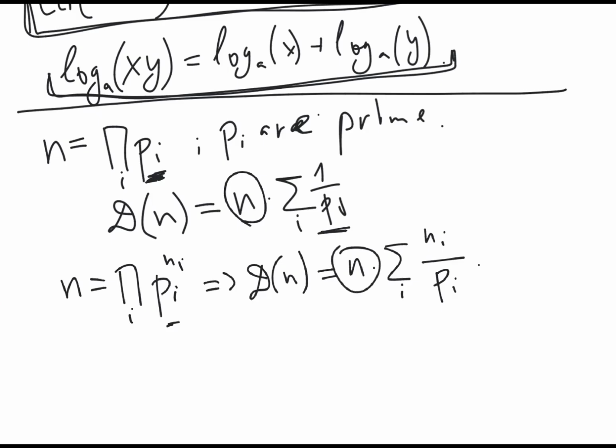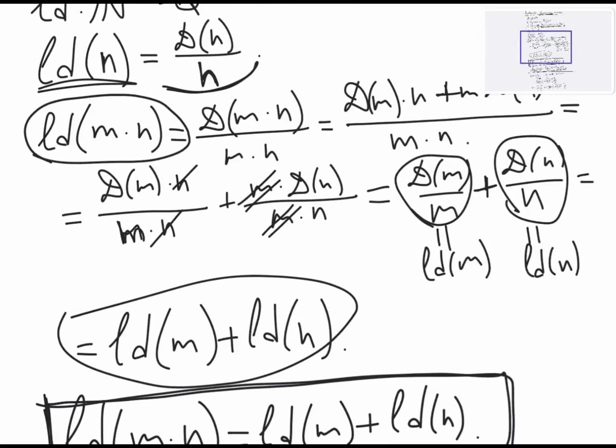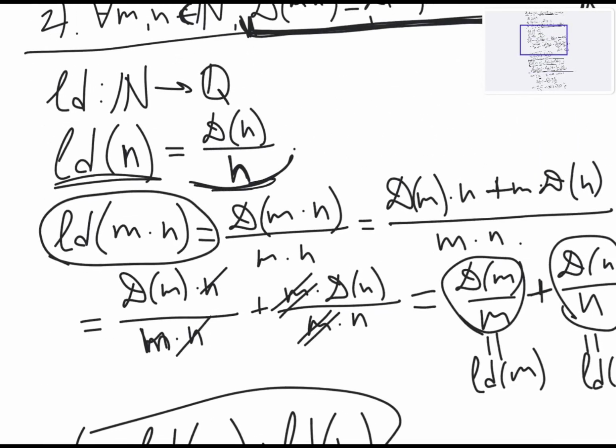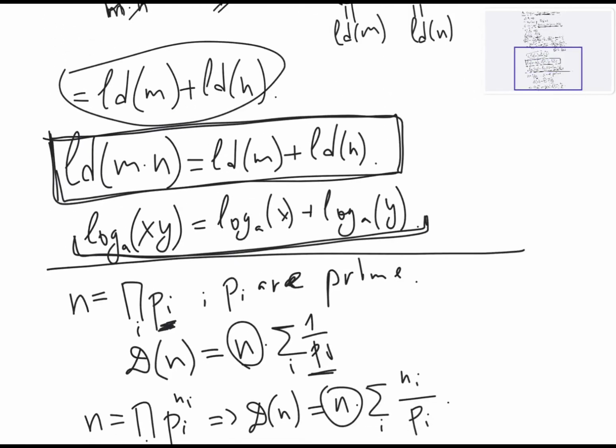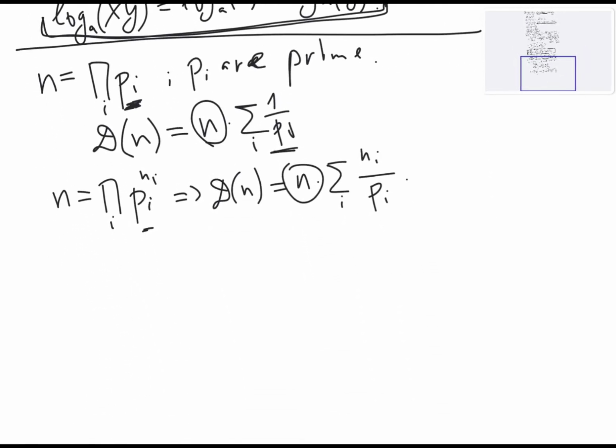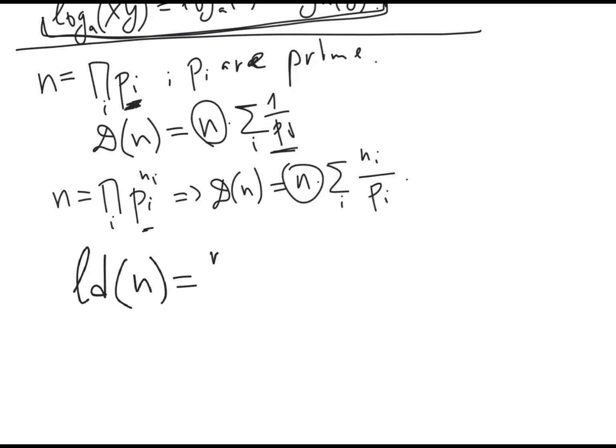So when the logarithmic derivative is defined as divided by n, it very conveniently cancels. So basically the logarithmic derivative of n would be equal to, let's write it fully.